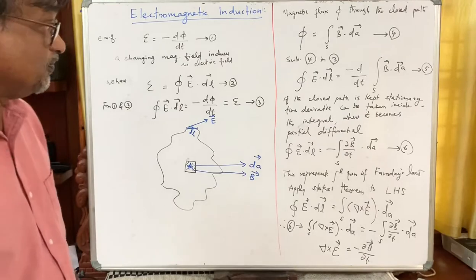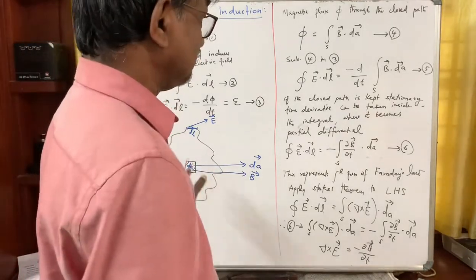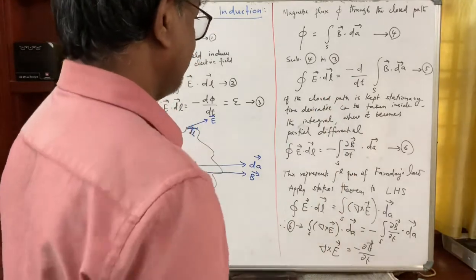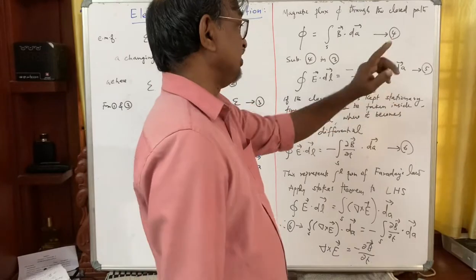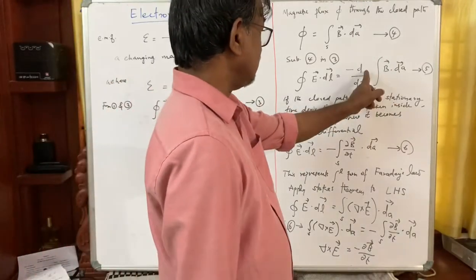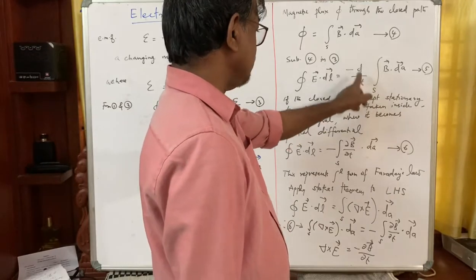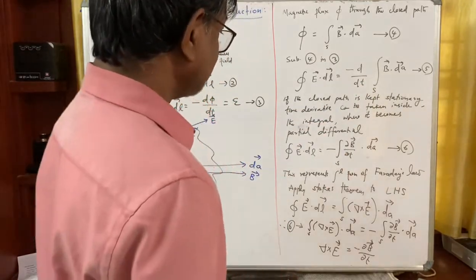If the closed path is kept stationary, we are not moving this closed path, then this time derivative can be put inside the integral sign. And now this time derivative becomes a partial derivative, dou by dou t.